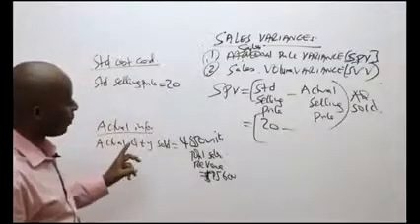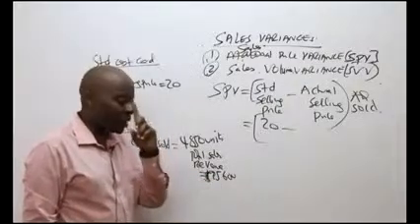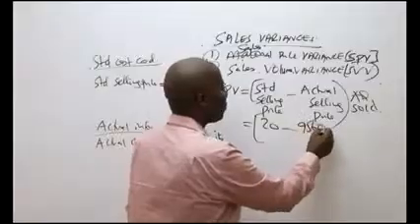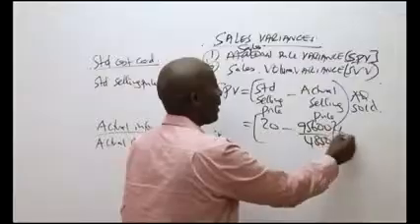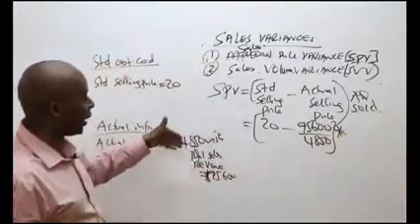I can see these 4850 units gave me this money. How about the money given by 1 unit? It will be 95,600 divided by 4850, multiplied by the actual quantity sold, which is 4850.